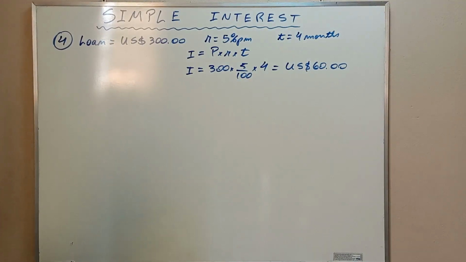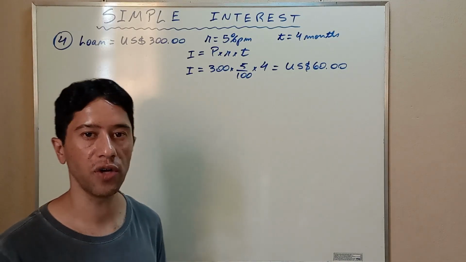All right? Simple, isn't it? Therefore, the interest paid by Oliver in this transaction was $60. Okay, my friends, this was exercise number 4. Let's go to the next.